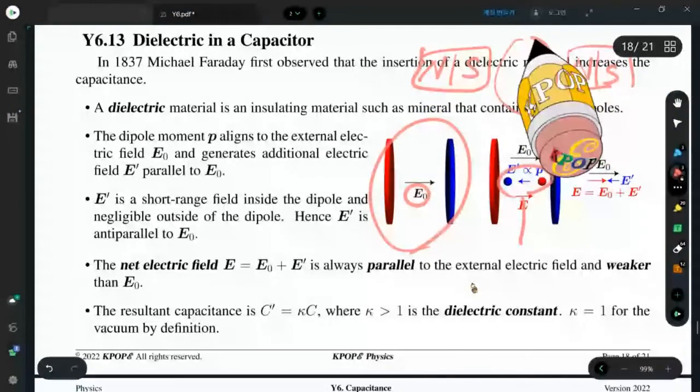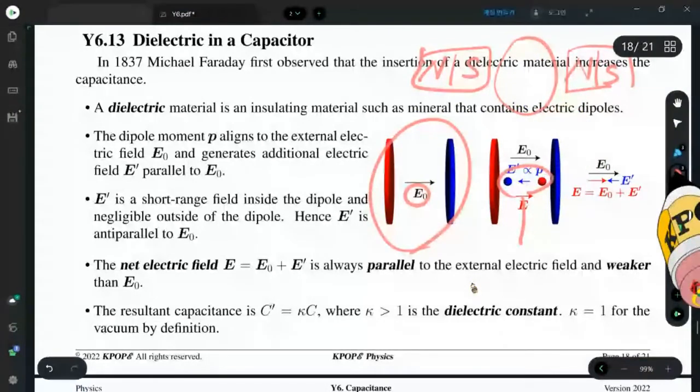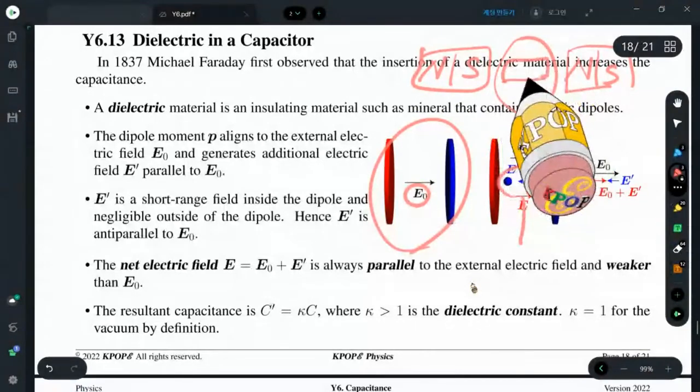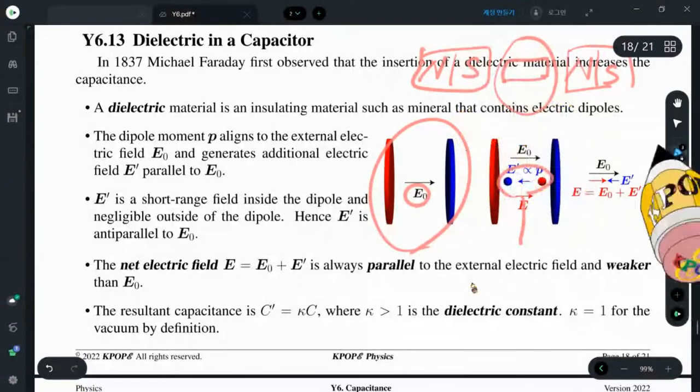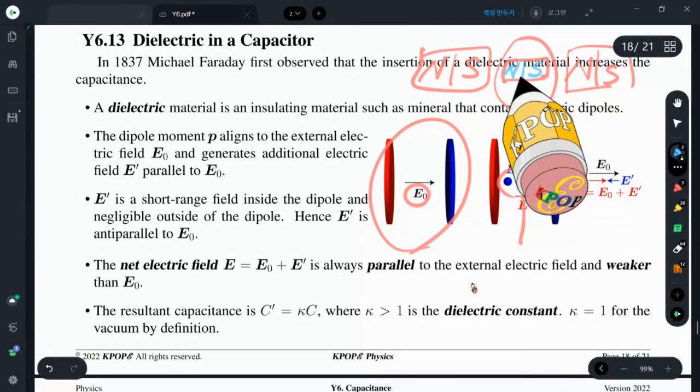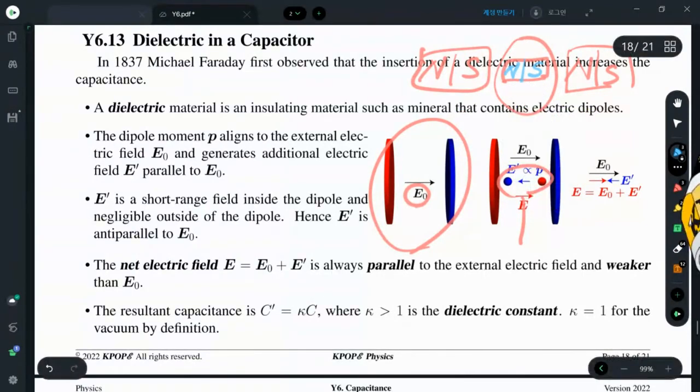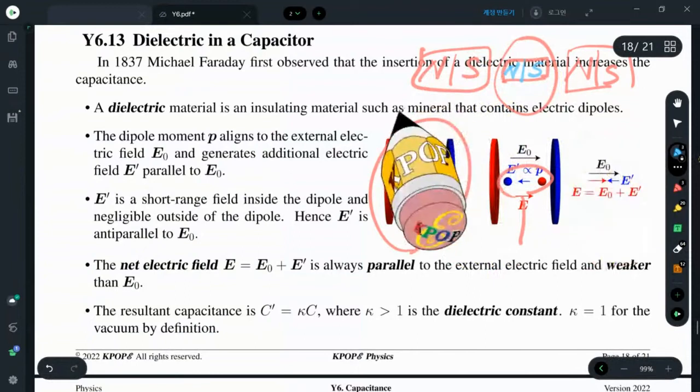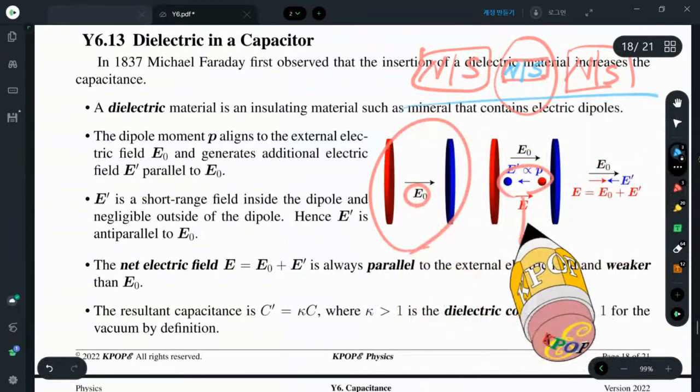Between them, there is a magnetic field. If you put a compass, then what happens? This is attracted by N, and this is S. Something like that. Okay? This is a similar dipole structure.